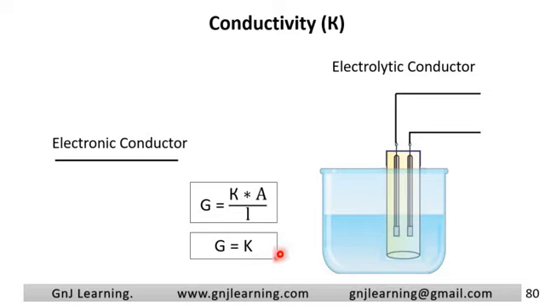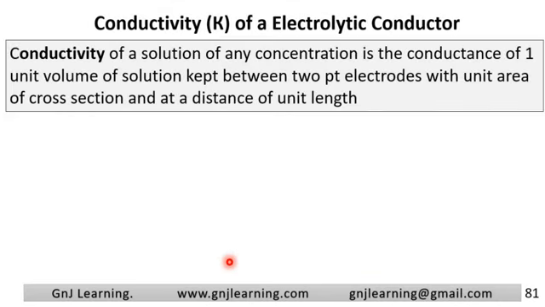You can define it in the same way: it is the conductance of an electrolytic solution whose platinum electrodes are separated by a distance of unit length and whose area of cross section is also unity. Then conductivity is its conductance. So let's see the definition of conductivity of an electrolytic solution.